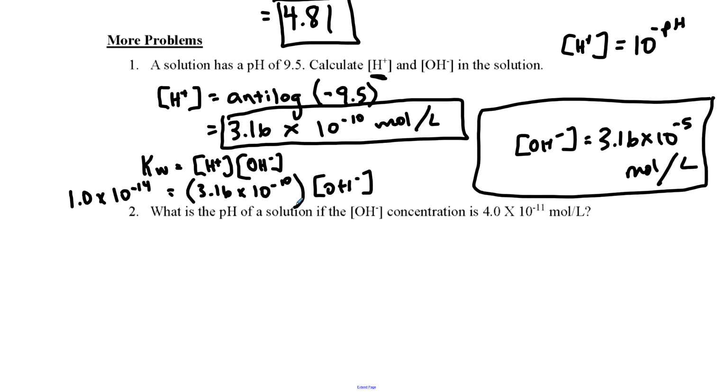Okay, next one. What is the pH of a solution if the hydroxide ion concentration is 4 times 10 to the negative 11 moles per liter? Okay, so we're looking for pH, but we're given the hydroxide ion concentration. So we can only figure out pOH first, and then once you know pOH, you can figure out pH. So pOH is equal to the negative log of the hydroxide ion concentration.